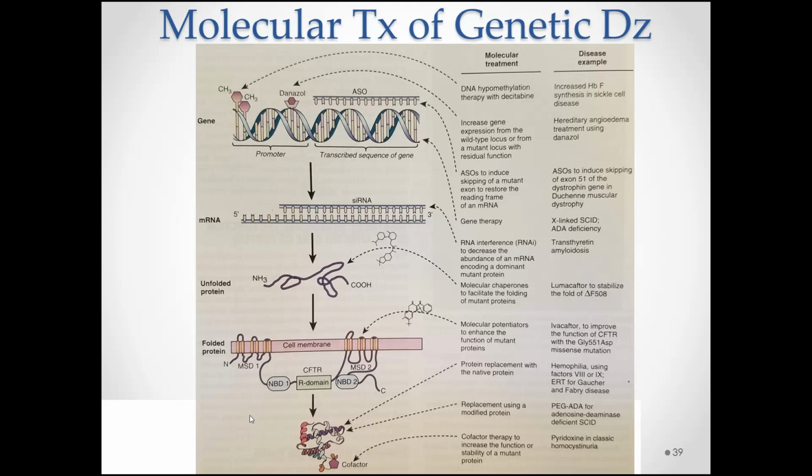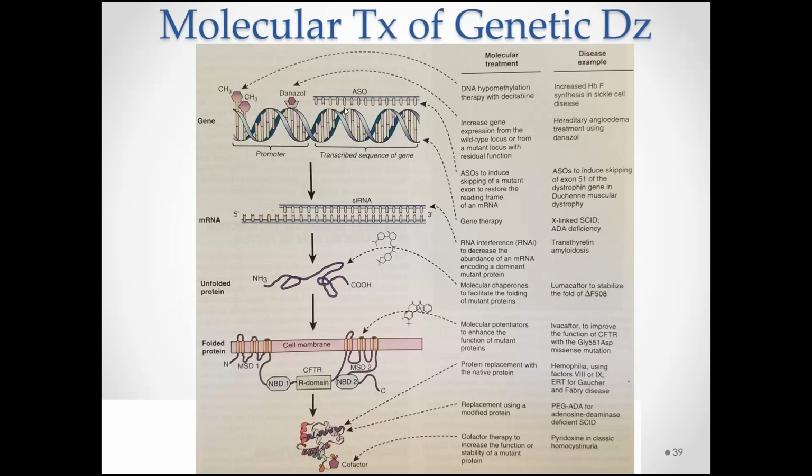For instance, we'll talk next week about monoclonal antibody treatments of cancer. So even when you have a mutated protein, you can silence it by injecting a monoclonal antibody that binds and inactivates the function of that particular mutant protein.